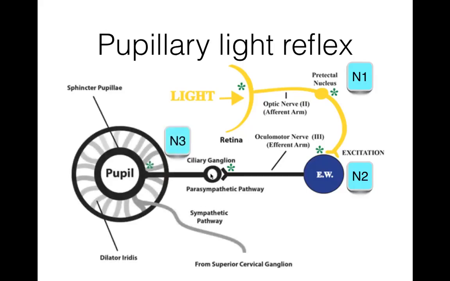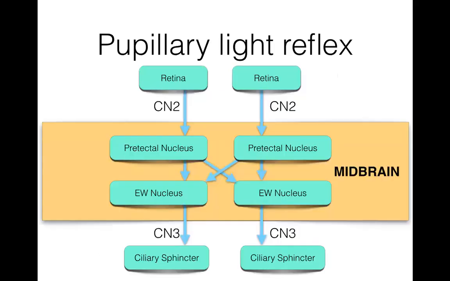This synapses with a ciliary ganglion that eventually innervates the sphincter pupillae. So with the activation of the sphincter pupillae, this results in the constriction of the pupil whenever light is shown onto the retina.